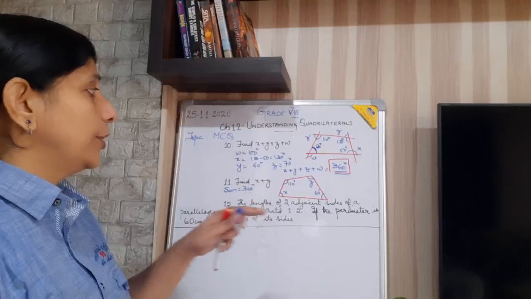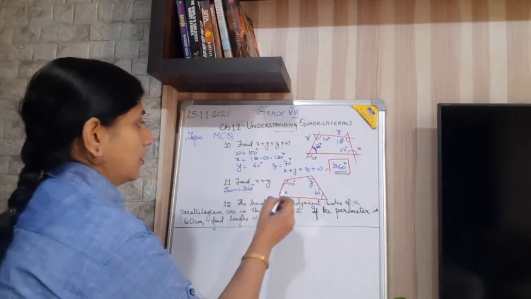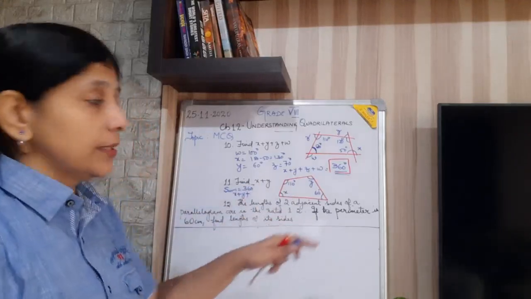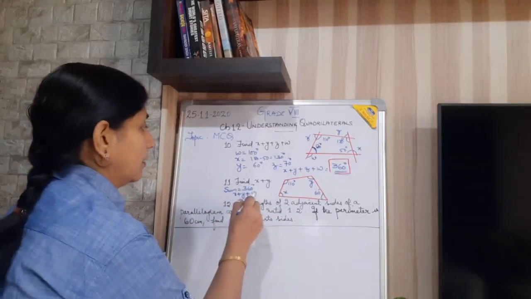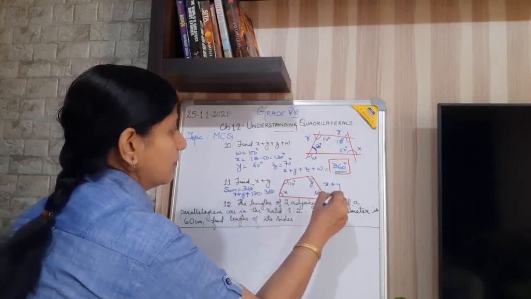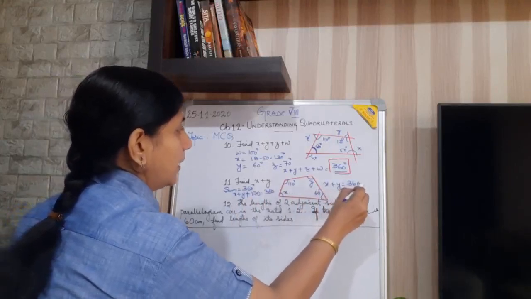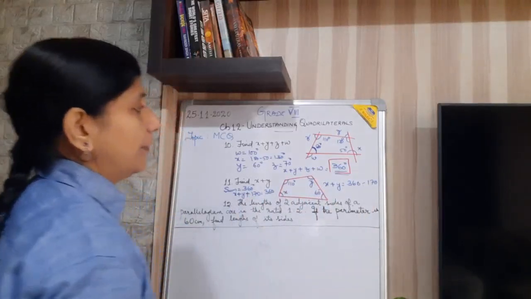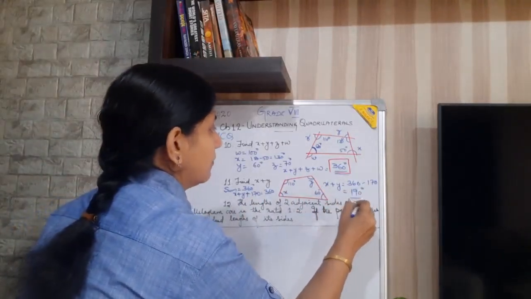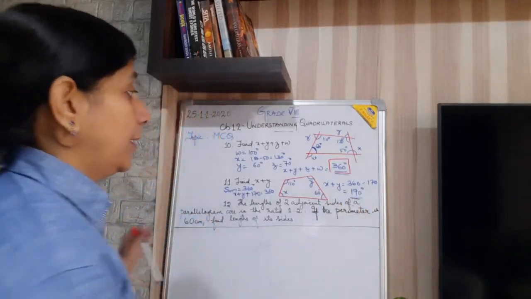So it is 2 into 180, that is 360. So x plus y plus 110 plus 60, that is 170, equals 360. So what is x plus y? x plus y is 360 minus 170, that is 190. So x plus y you got as 190 degree.